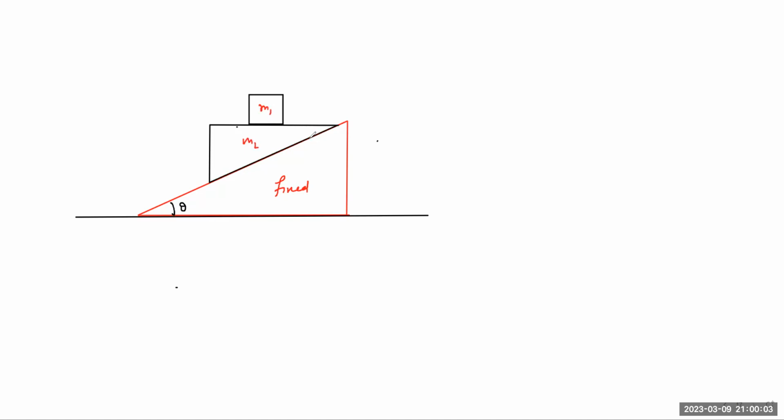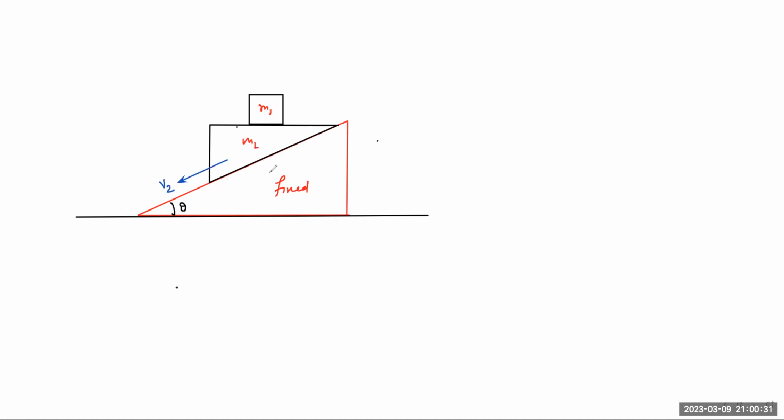Like how M2 can move? What is the constraint for M2 to move? How M2 will move? Tell me quickly. Along the inclined plane of the fixed wedge. So there is no option, right? We always figure out the possible directional motion first. So this can only go this way, right? There is no choice.